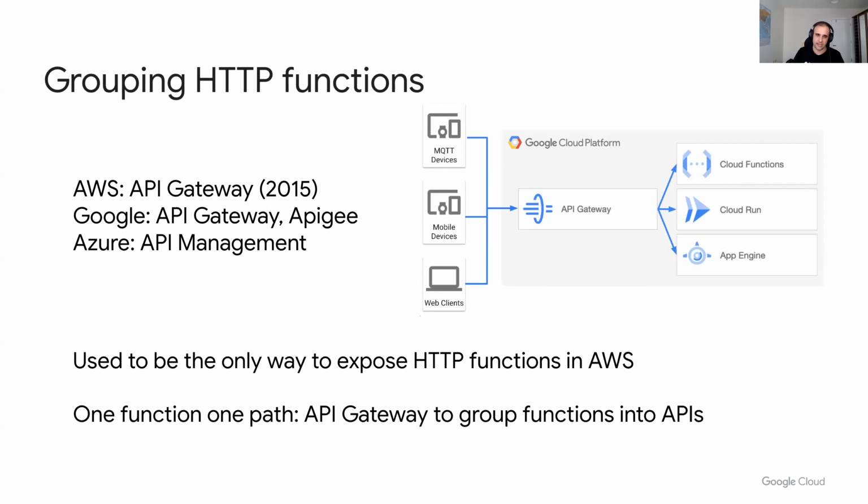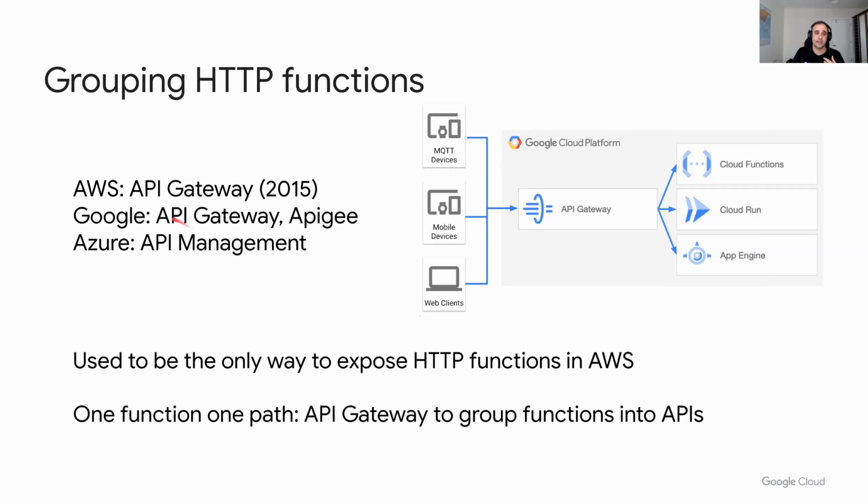So you have multiple paths. But usually a function handles only a single path. So if you want to build an API, what you usually do is you deploy multiple functions for multiple paths, and then you use an API gateway in front to be able to build this API, basically. So the API gateway decides, given the path, which function should receive the call.